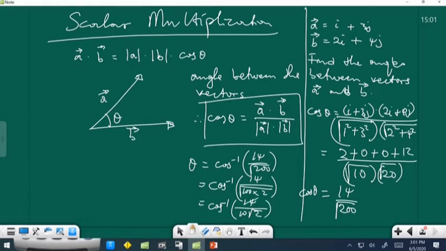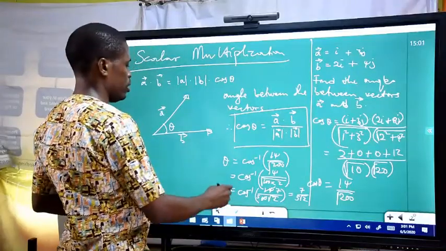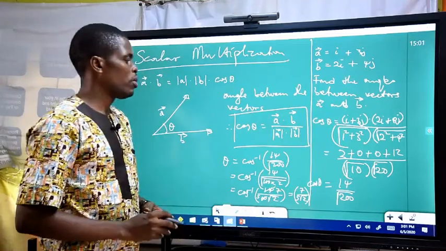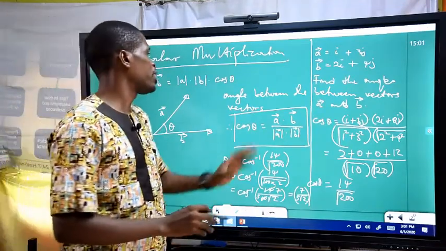Okay? So 2 here 7, 2 here 5. So we have 7 divided by 5 root 2. So that will be your cos theta. So when we use the calculator, we can get the final answer to that. So that is for 2D vectors.